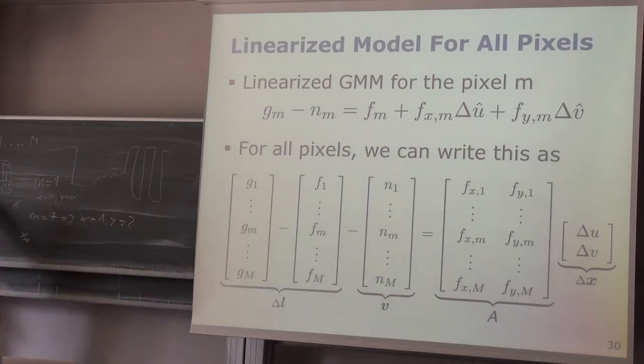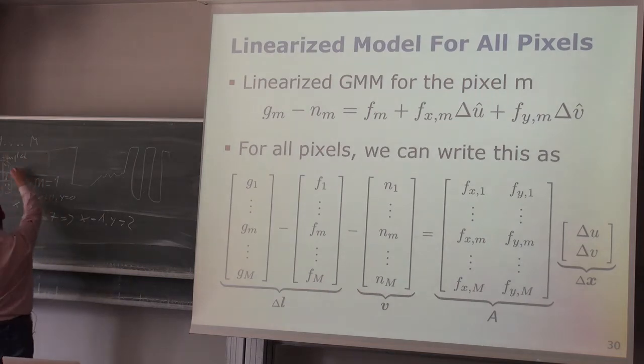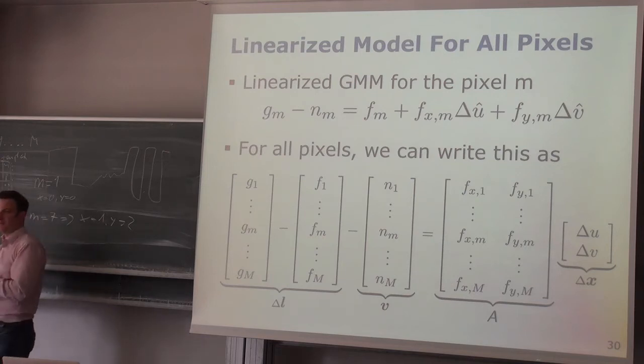So if this is our template, and this is our larger image, I simply look at how well this area fits to the area of my image. I consider only this part because I have observations only for those pixels here.